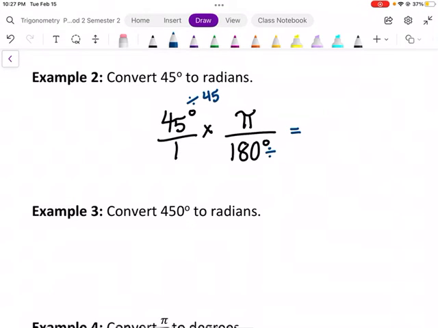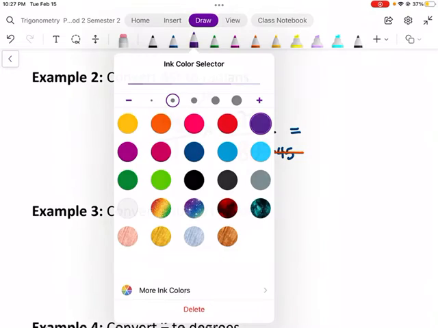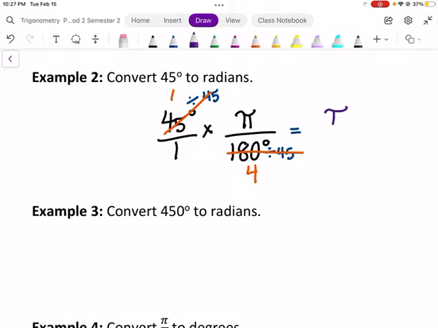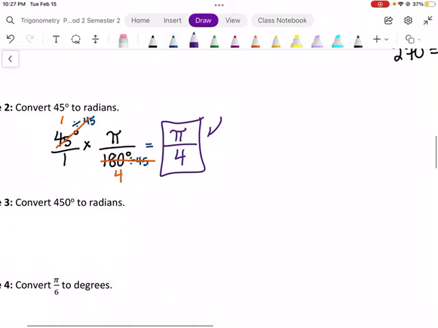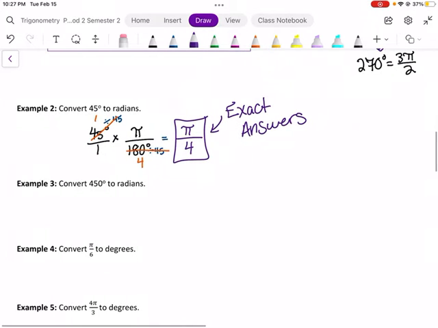I know both of these are divisible by 45. 45 divided by 45 is 1, and 180 divided by 45 is 4. Now that we've simplified, we have 1 times pi, which is pi, and 1 times 4, which is 4. You want to leave these in exact answers when possible, so we're going to leave it in terms of pi.